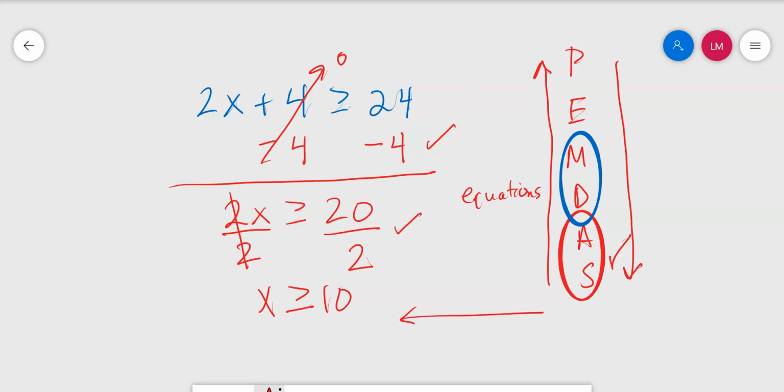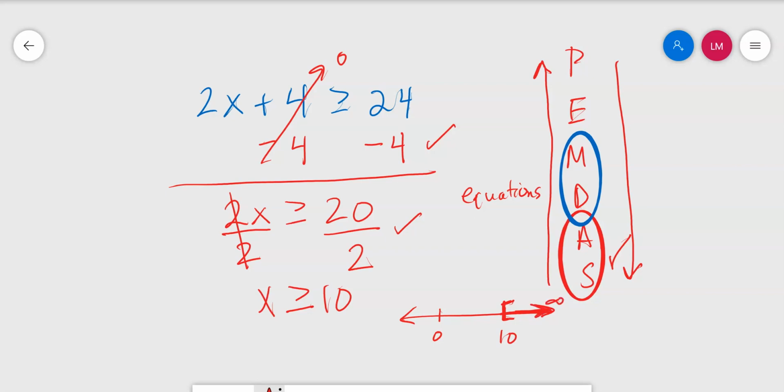Now if I graph this, I have my 0. I have my 10. When I read this from left to right, x is greater than. Alright, so back to this. It says x is greater than or equal to, so I want to use a bracket, and because it says greater, we're going to face it to the right and shade everything greater towards positive infinity.